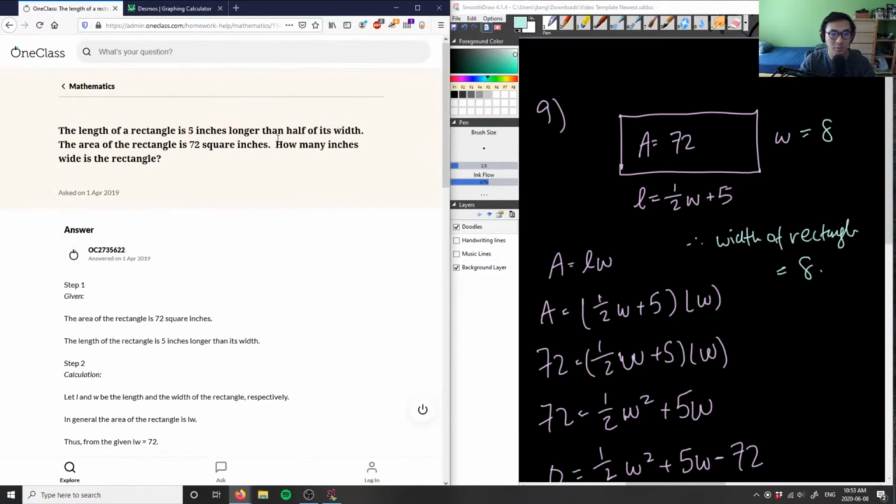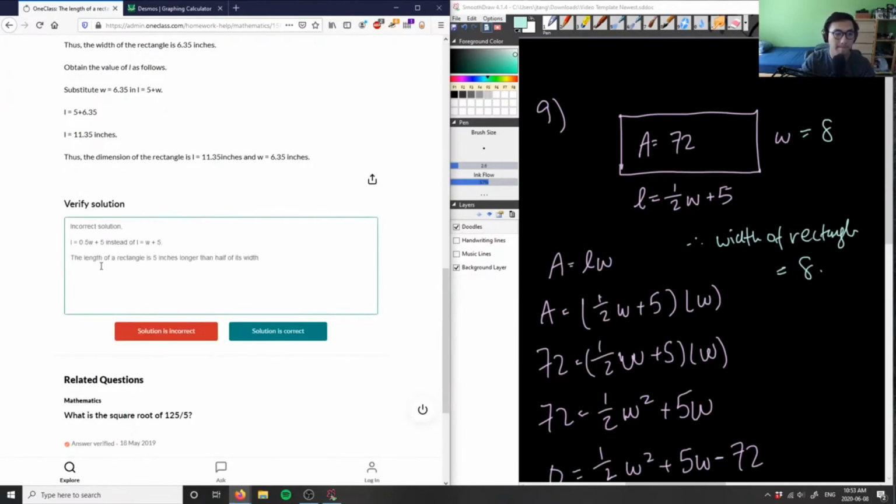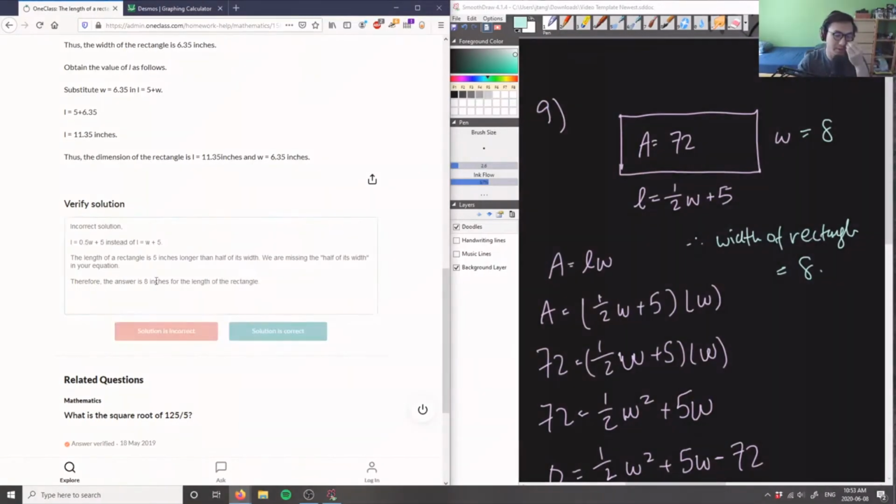And then I'm just going to quote this: we are missing the half of its width in your equation. Therefore, the answer is 8 inches for the width of the rectangle. So the solution here is incorrect.